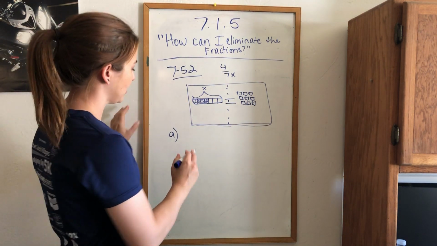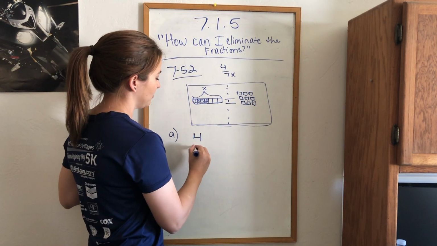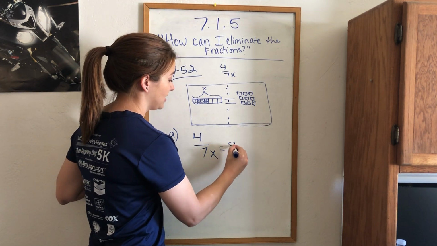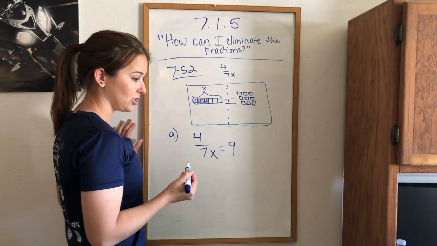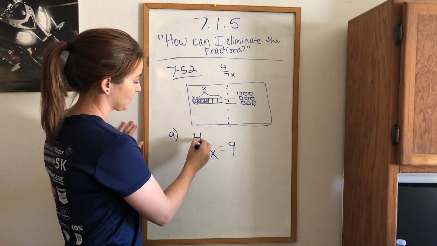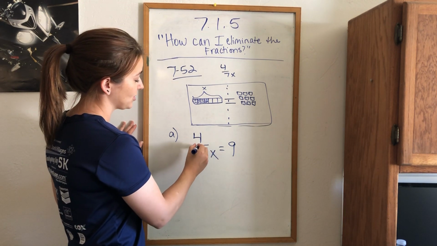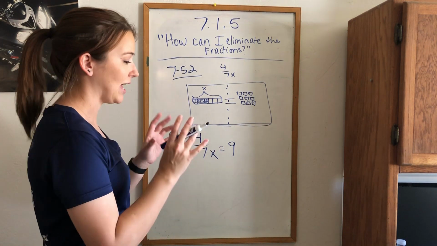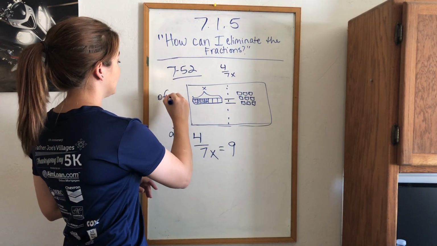And that makes sense because what we wrote in the last problem was 4/7 times x equals 9. So she is correct in her diagram, because all 4/7 means is 4/7 of whatever x is equals 9, and that "of" means multiply.